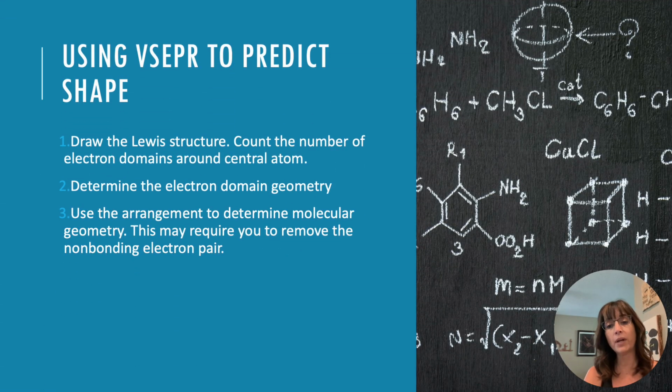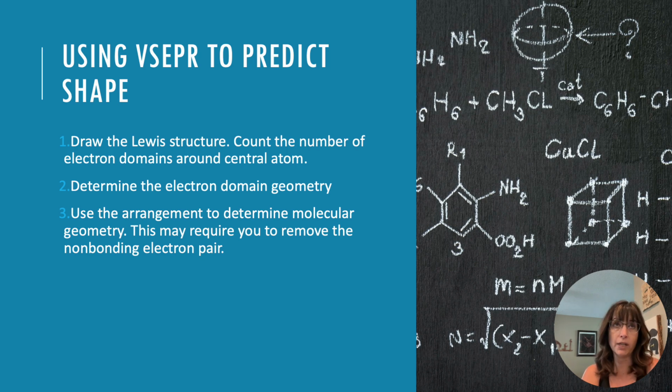Let's review really fast what you need to do to figure out a molecule's shape. Number one, draw the Lewis structure. You must draw it correctly. Remember, count the number of valence electrons there should be, do a skeleton, give everybody who gets 8 their 8 electrons, go back and double check, and if you need to, throw in double and triple bonds.